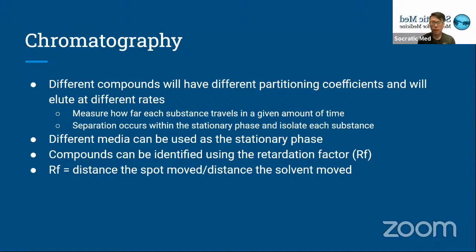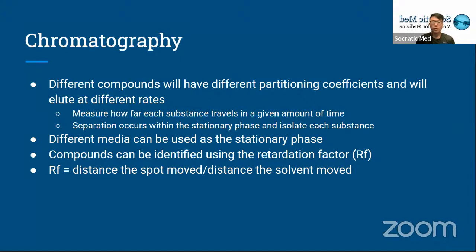The RF signifies the differences between the compounds based on the distance that the spot moved and the distance the solvent moved.